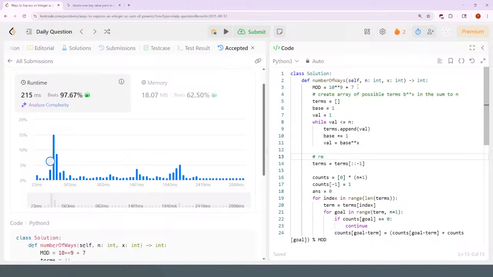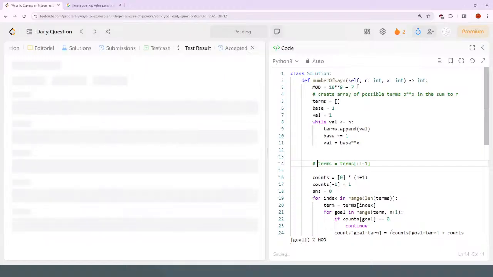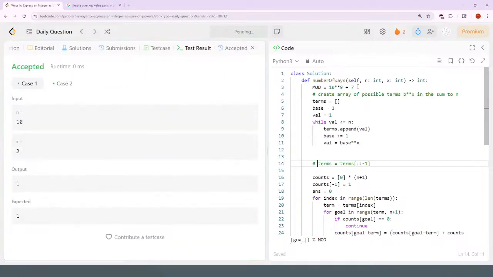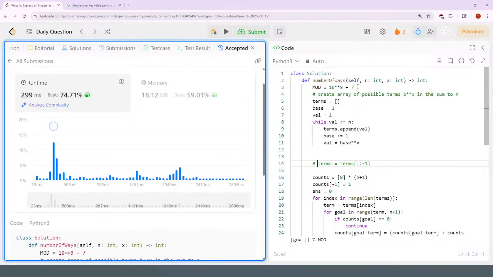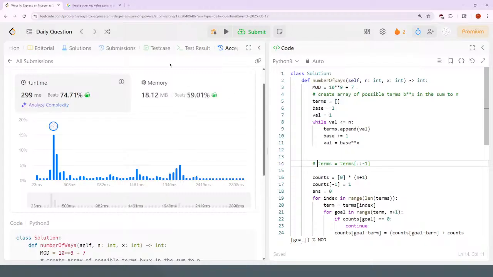I need this. I think this is probably better. Oh, well, I guess I could double check here if this is better. I guess it is better to reverse. Oh yeah, that's the difference.